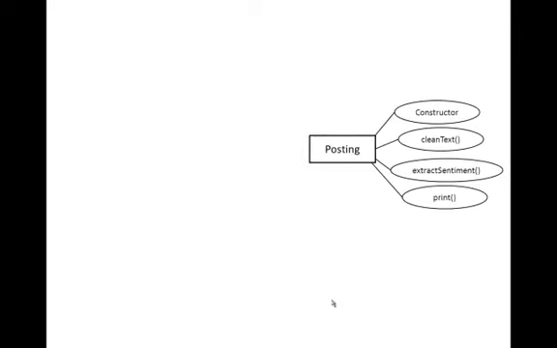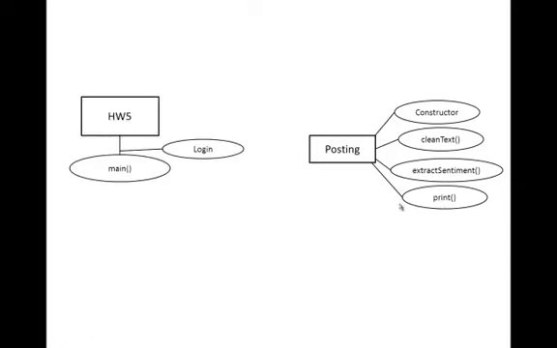So in Homework 5, we still have the same posting class, except we have an additional method called the print method right here. And we replace the Homework 4 file with a Homework 5 file, which means we run all the code in the main method of Homework 5.